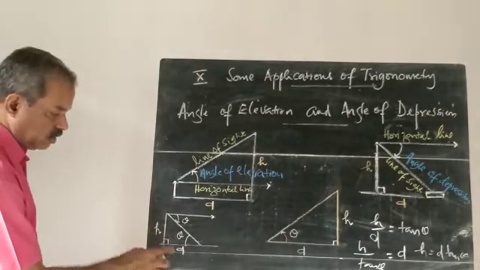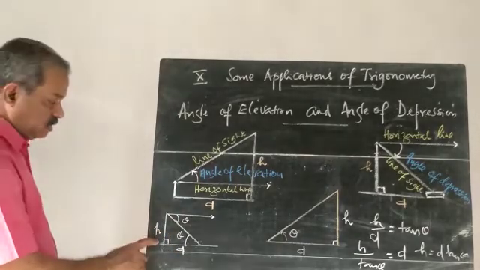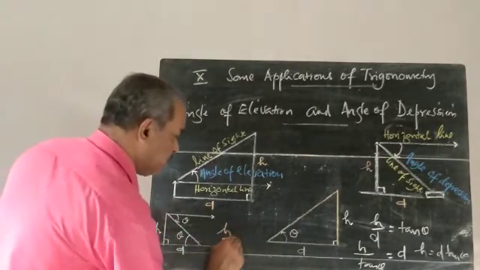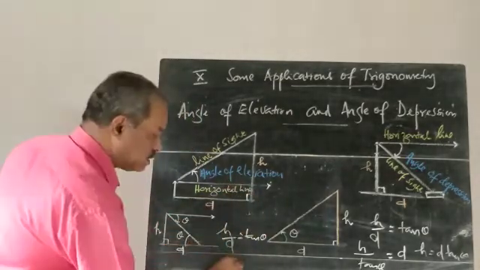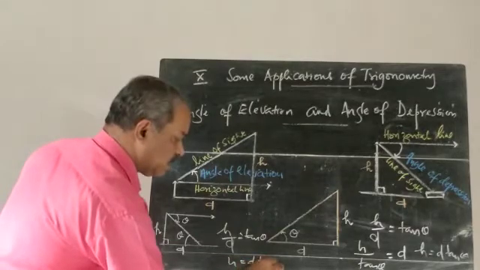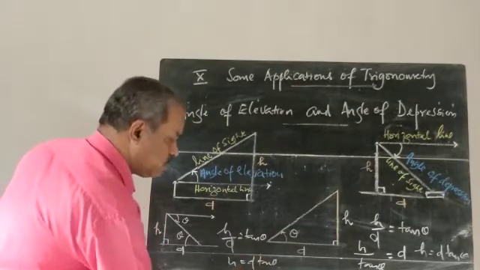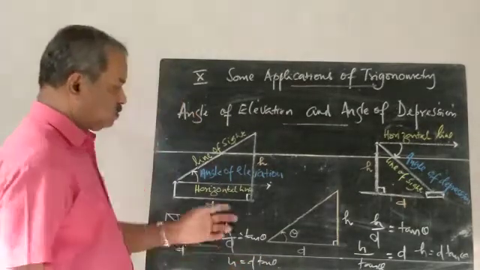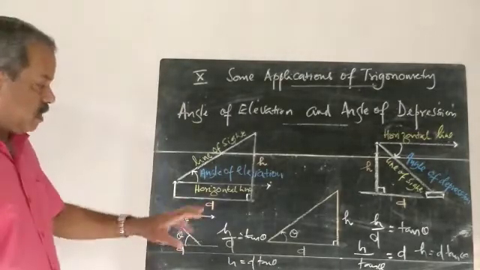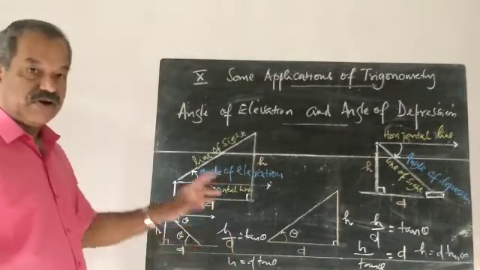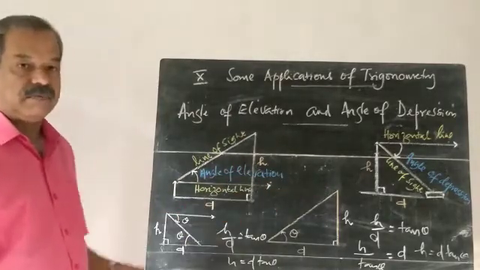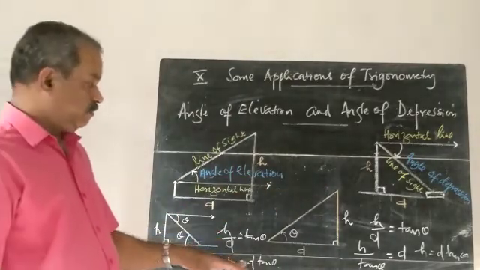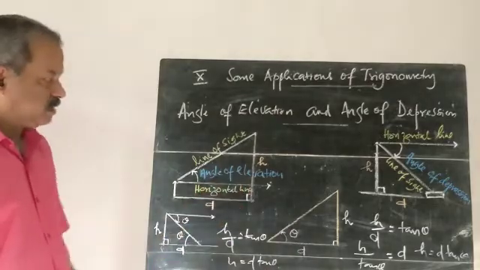Then tan theta equals H by D. So H equals D tan theta, or D equals H by tan theta. In this way we can find either the height or the distance if one of them is given, and also the angle of elevation or angle of depression.